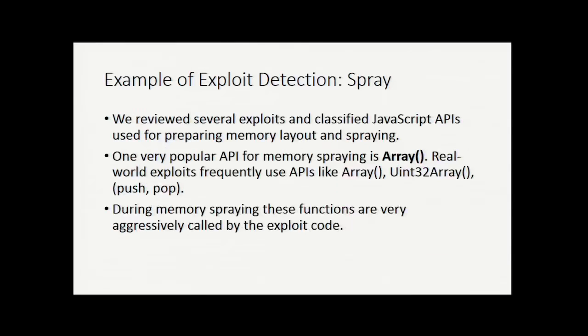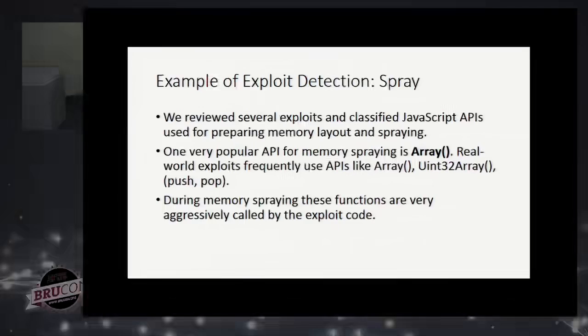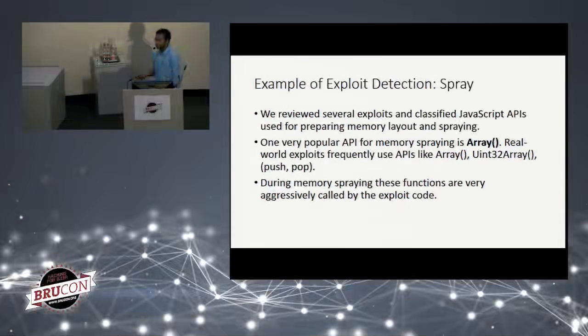Another is spray detection. This is an important part of any browser exploitation lifecycle. To be able to create a predictable memory layout, the attacker has to spray browser memory so that it can make the browser exploits reliable.